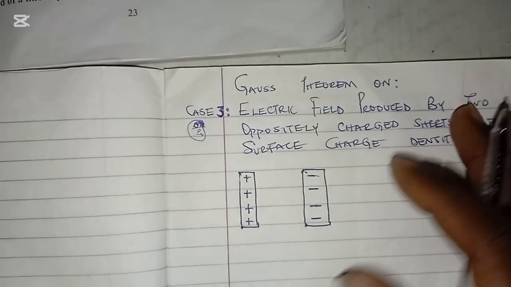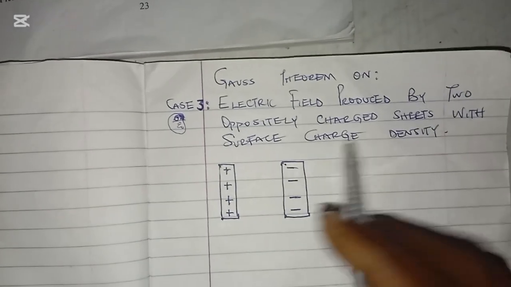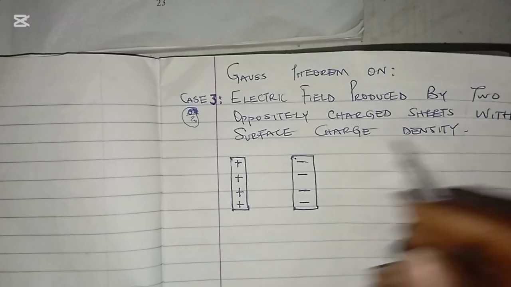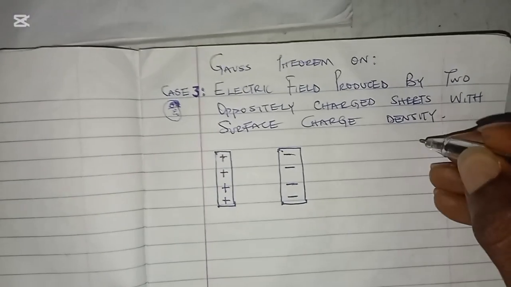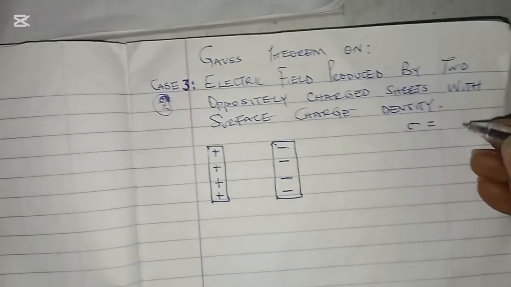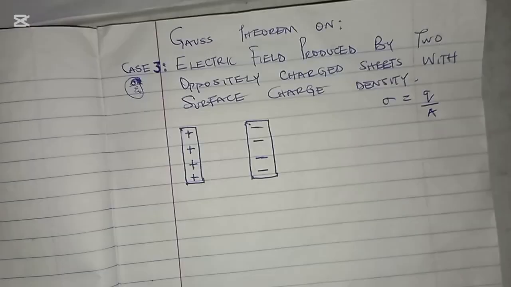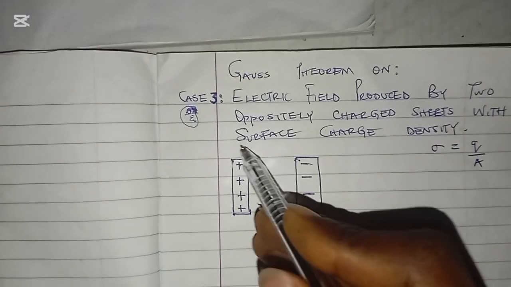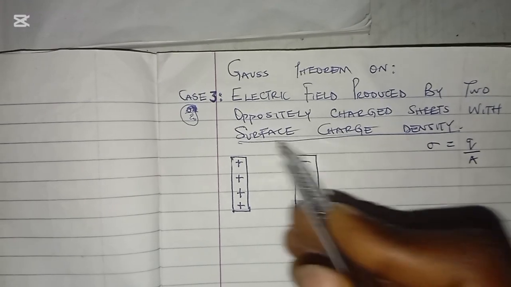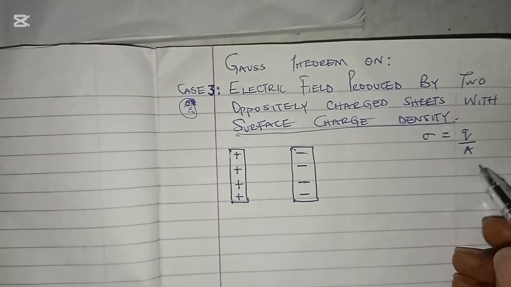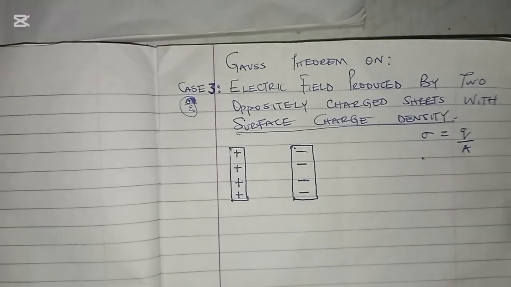So if we are doing electric field of two oppositely charged sheets with surface charge density, we know that surface charge density is equal to charge over area. It's always important to pay attention to what you are given. If I'm given surface charge density, I'll use this. Assuming they give me linear charge density, I'll use lambda equals Q over L.